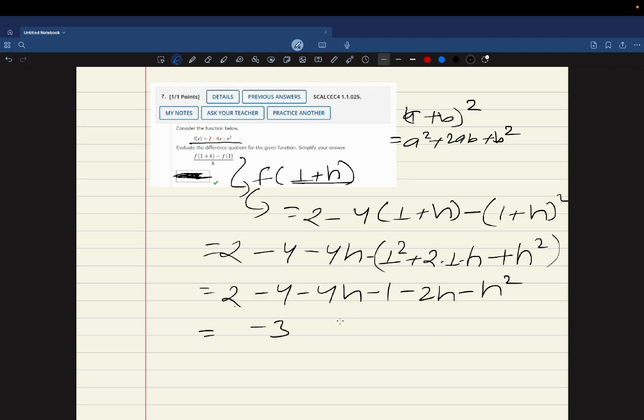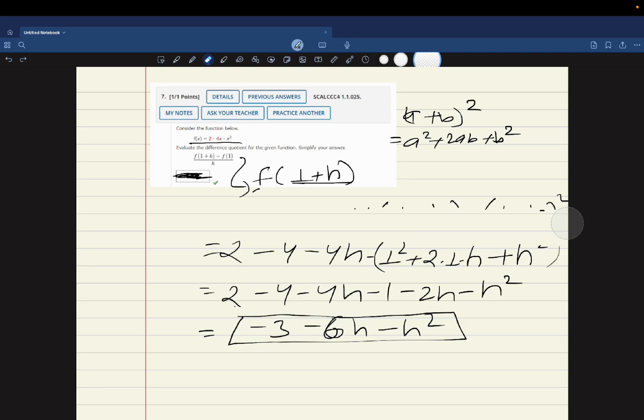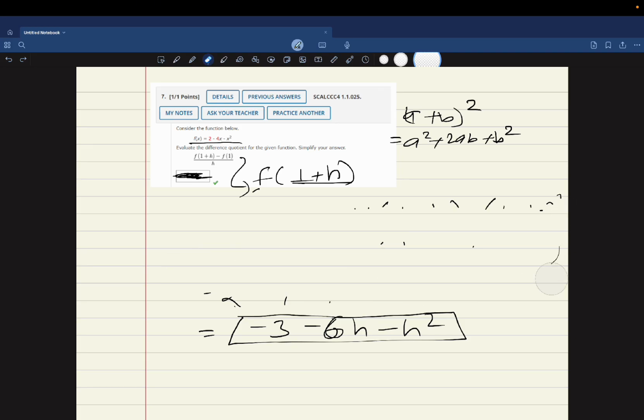So it will be negative 3, and then negative 6h, because negative 4h, negative 2h will be negative 6h, and then minus h square. So that is the value of f of 1 plus h. Now I'll just delete everything, and then we'll calculate the other.